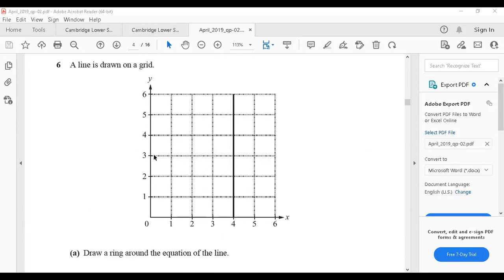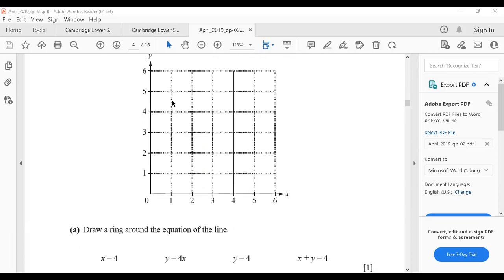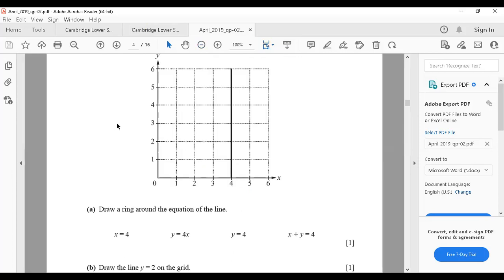Number 6. We're drawing around the equation of the line. What does this equation represent? Make it smaller. What does this equation represent? As we studied before, this line intersects the x-axis at which point? 4.